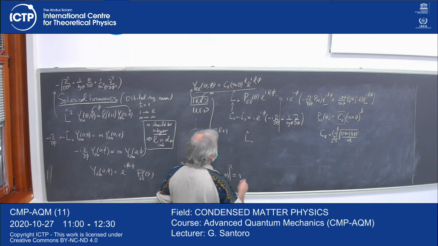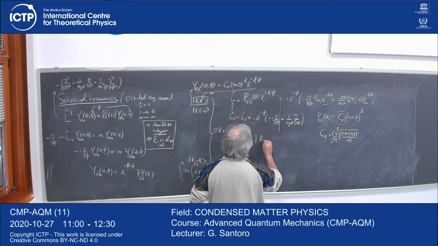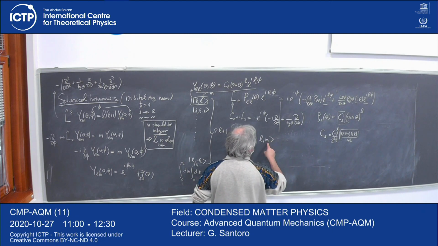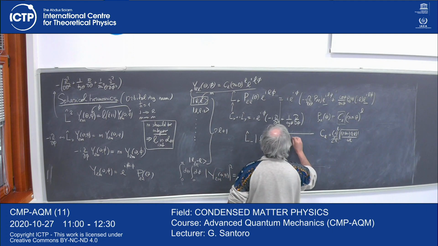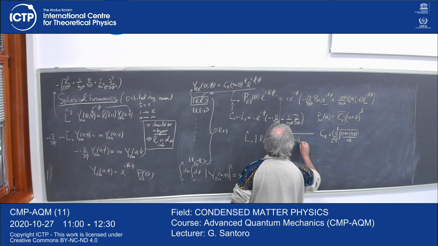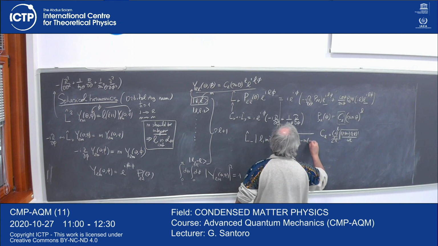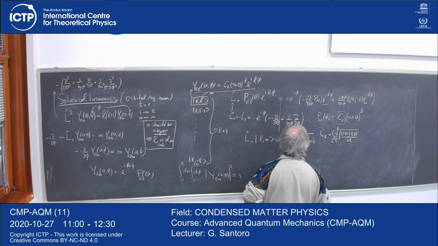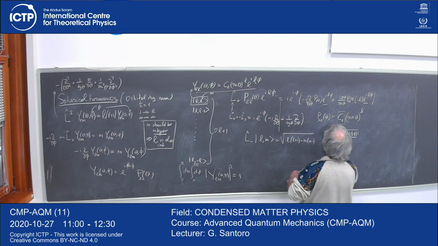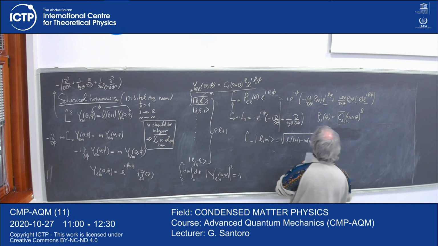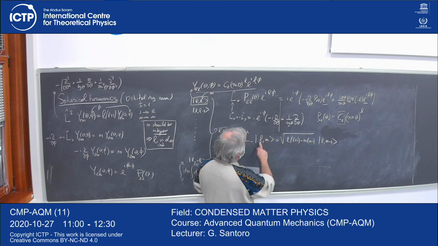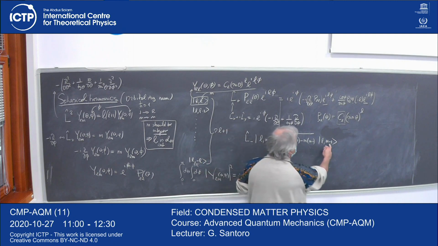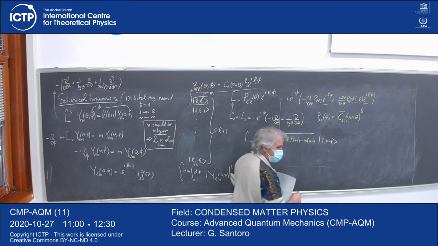You know that if I apply L minus to a function like this, what I get is the square root of (L plus 1 minus M)(L plus M) times the state with M minus 1. So I apply it to L, and I get L minus 1, but I have to keep track of this square root.